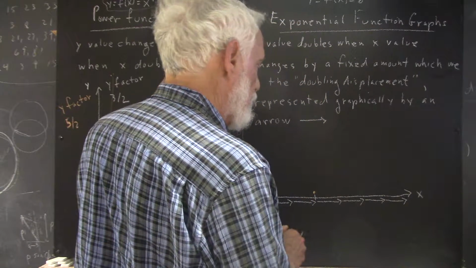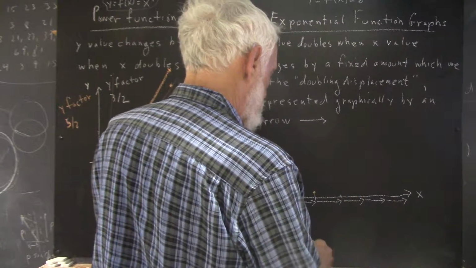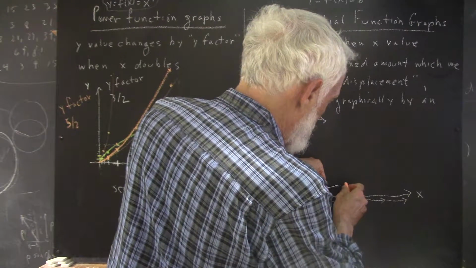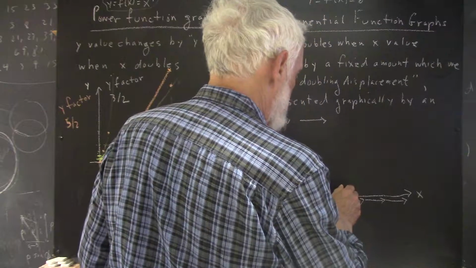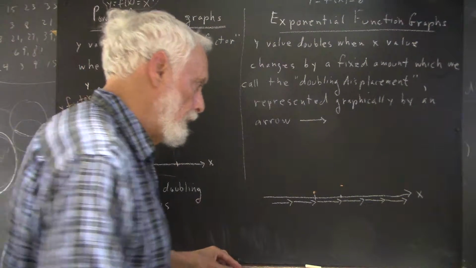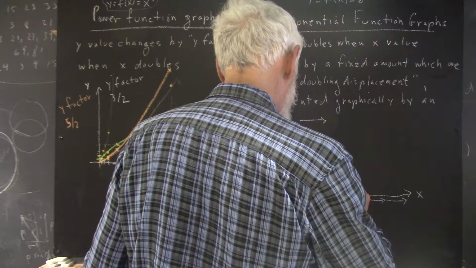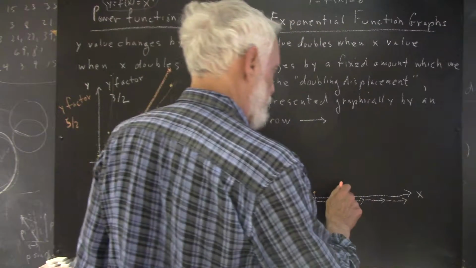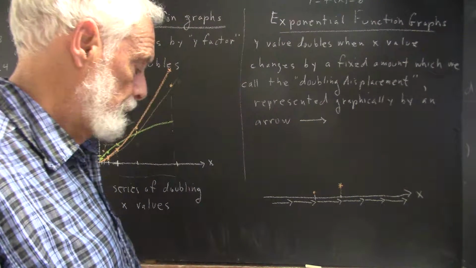Then I go over one doubling displacement and make an arc. I'm not going to do the construction, it would be hard to do on a scale this small, but I can locate the point on that arc that's directly above this x value, and that will be my new point on the graph.